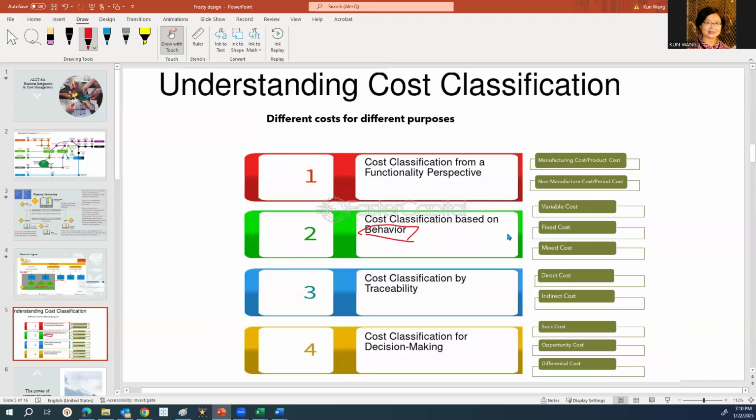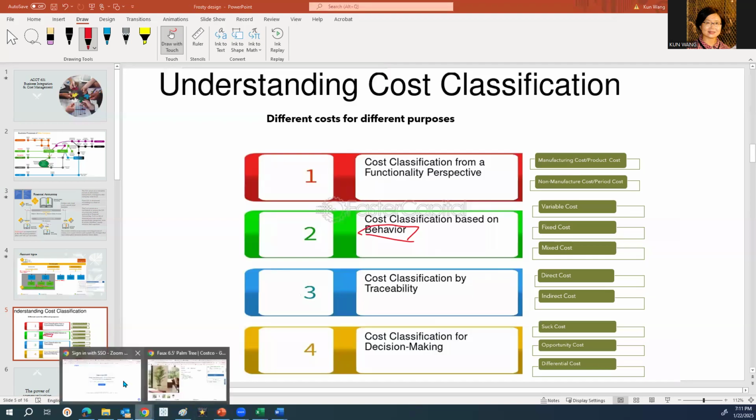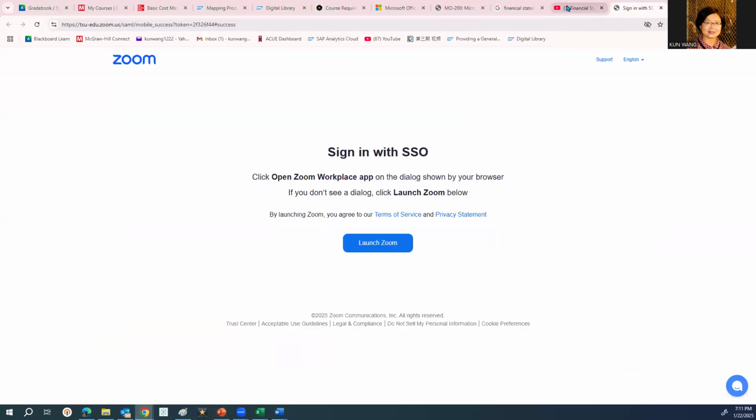So we have variable cost, fixed cost, and mixed cost. Okay, because we have the SmartBook reading, I really want you to, let me check what the number is. I was reading the ebook before recording this video.